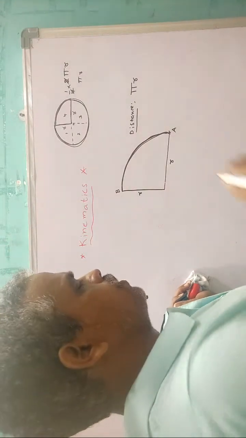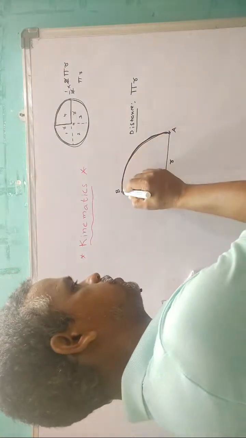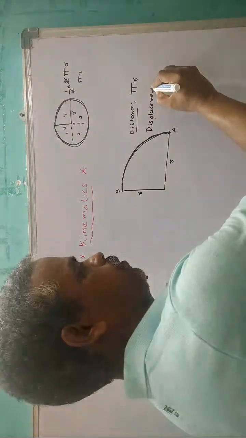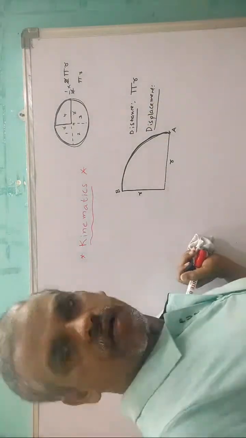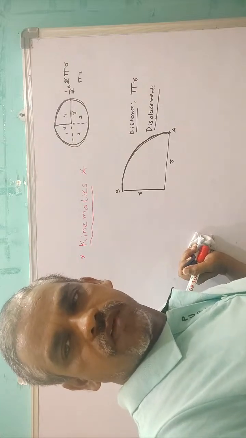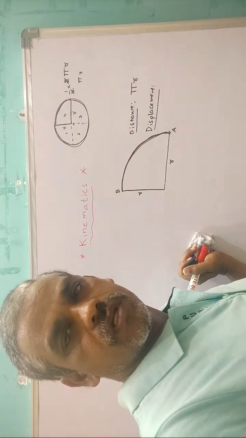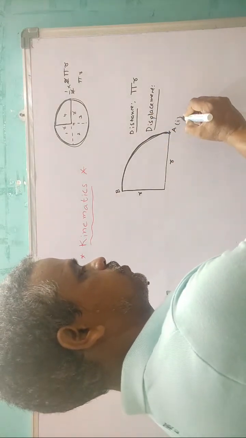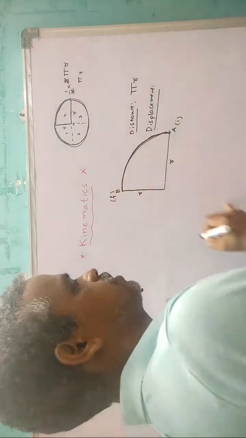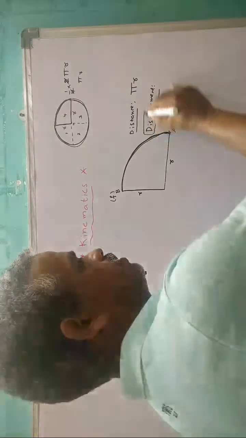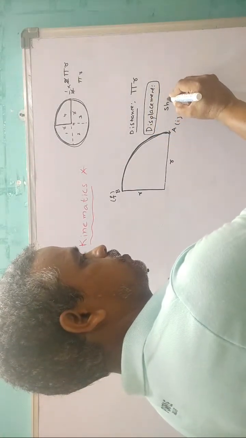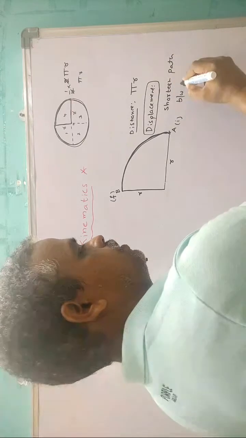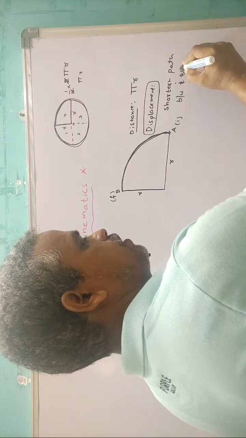Next, the particle starts from A and reaches B. So we want to calculate displacement. What is the definition of displacement? This is the initial position, this is the final position. The definition is: shortest path between the initial and final point.